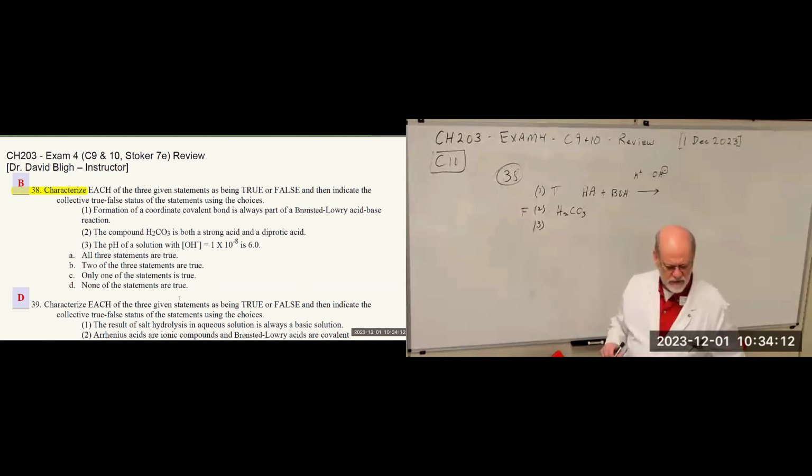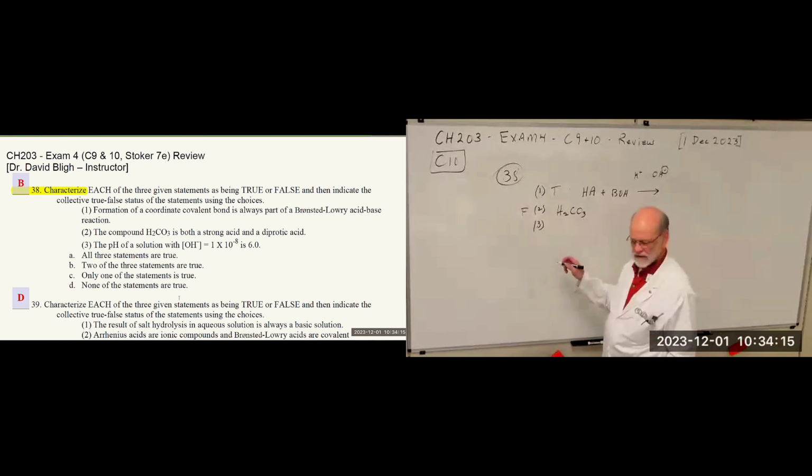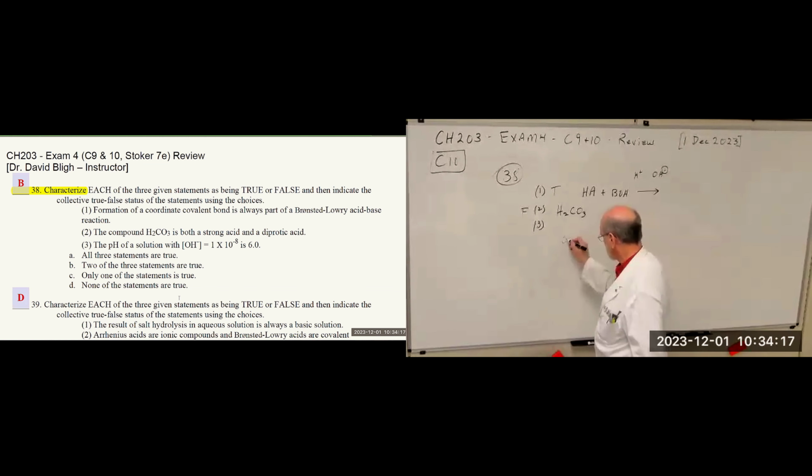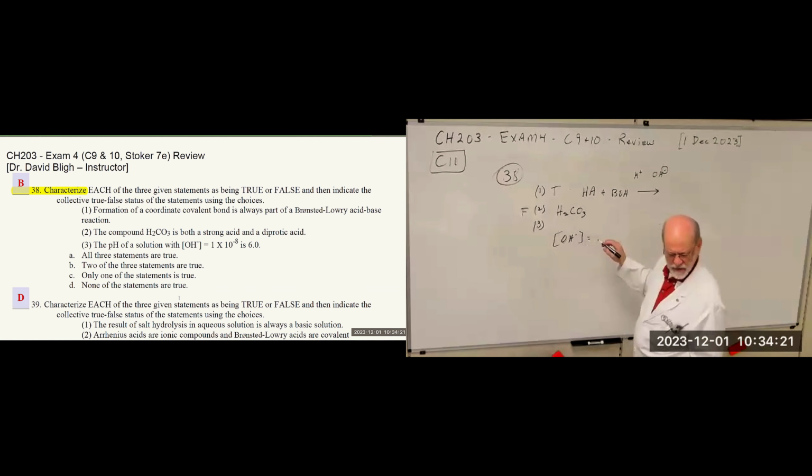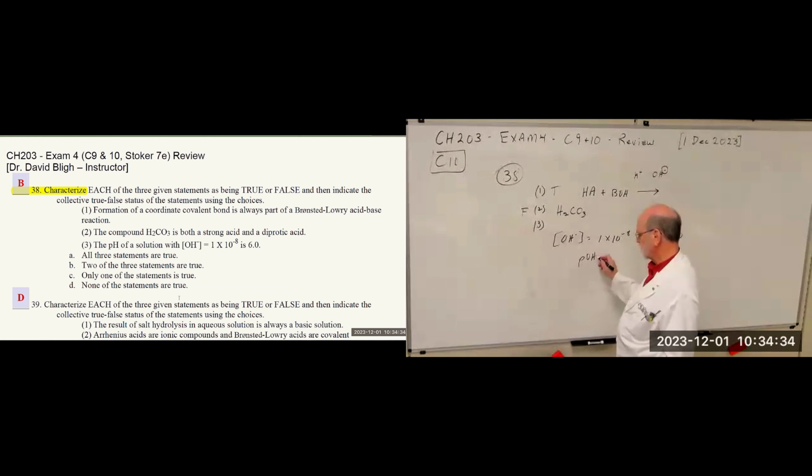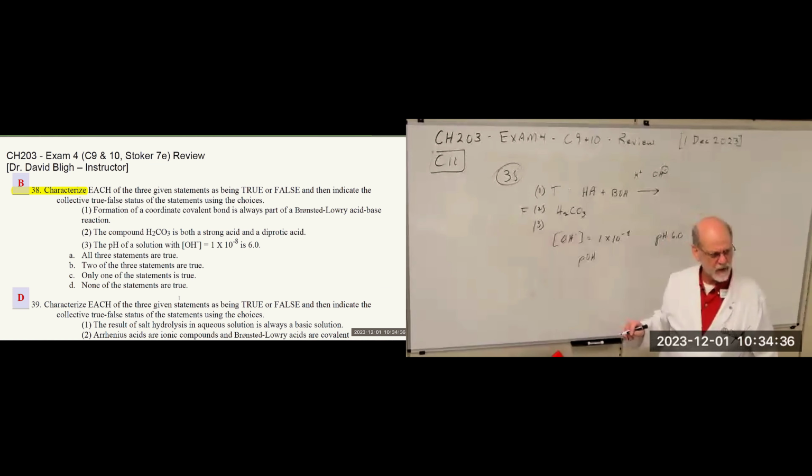The pH of a solution with OH minus concentration of 1 times 10 to the minus 8 is 6.0, they're saying. So what would the pOH be for this one? We did talk about doing the pOH.